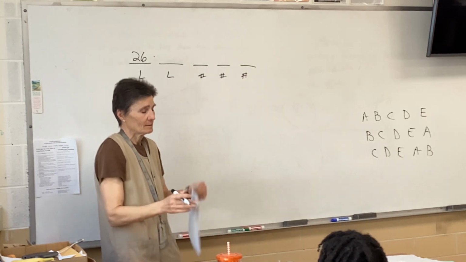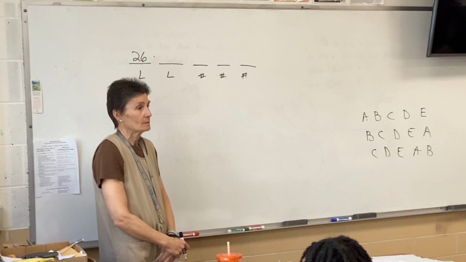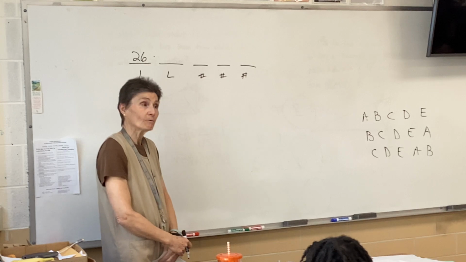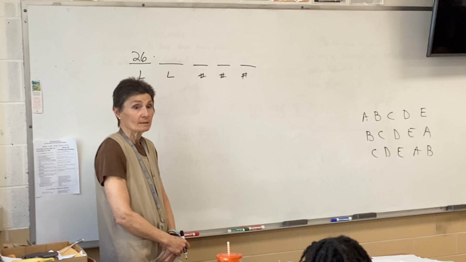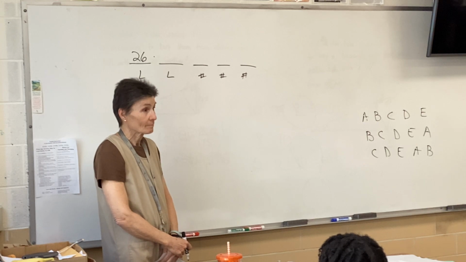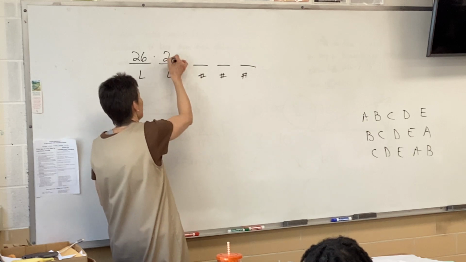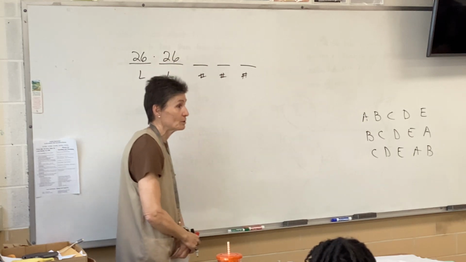How many choices do I have for my second blank? Be careful. Can you have the same letter again? Have you seen a license plate with 2 letters the same? Yeah, I think there are a lot of them, so we've got 26 choices for that one too.